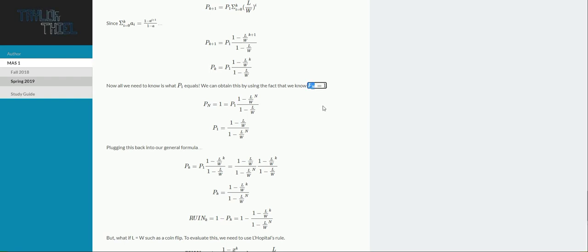We know that fact. And so plugging n for k here, when we use subscript n, we know the probability is 1. And so we set this whole formula to 1. And then we can solve for p subscript 1, so that's just going to flip the denominator and the numerator. And finally we have our constant p subscript 1. Then, going back to this equation, we're going to plug in what we found p subscript 1 equals into this equation, and that's what we have here.